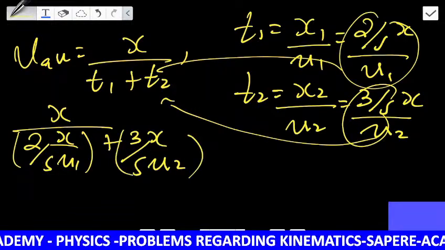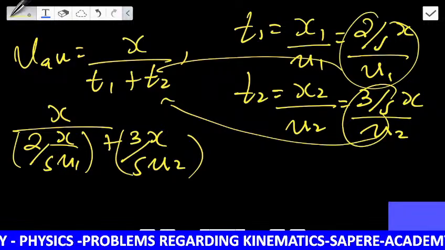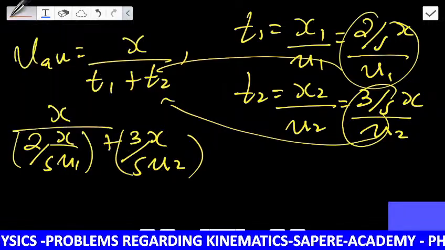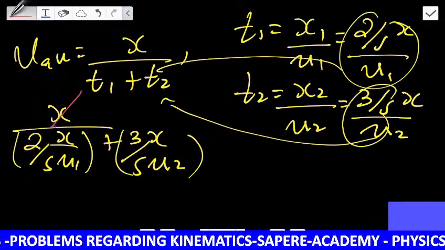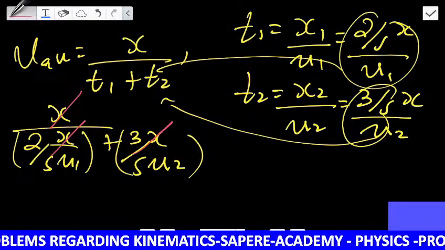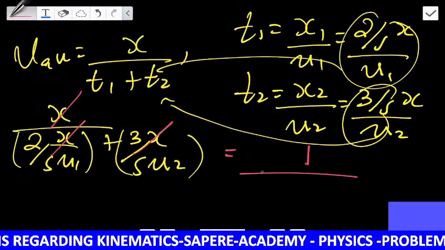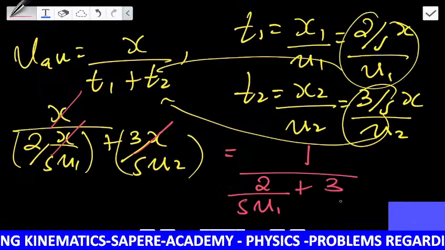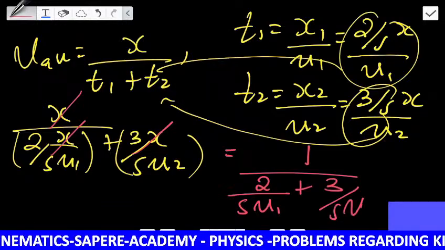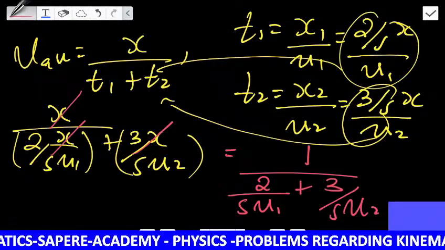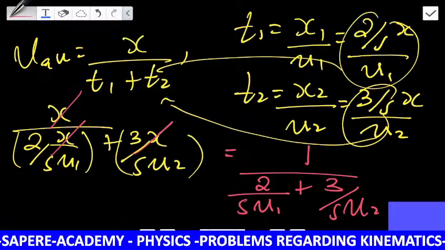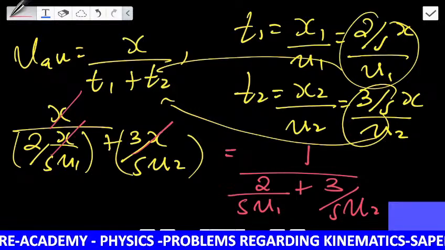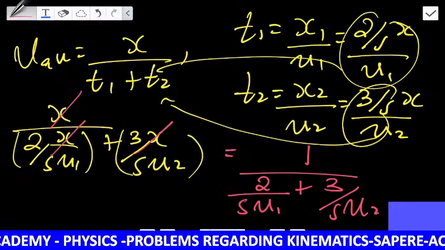So x is common, and we can cancel it because the numerator and denominator have the same x, so let us remove the x's. So what do we get? We get 1 over 2 over 5 v1 plus 3 over 5 v2. Right?